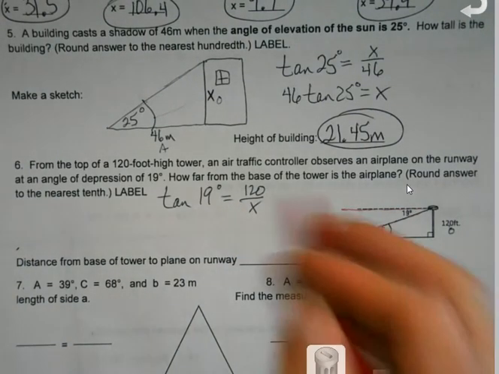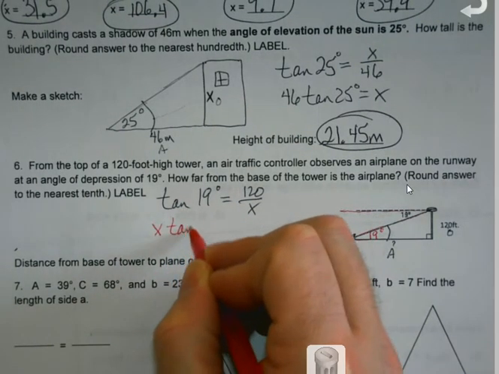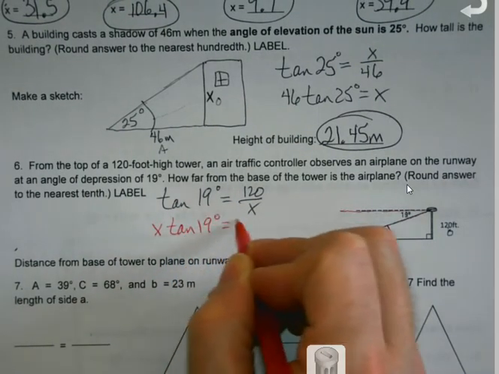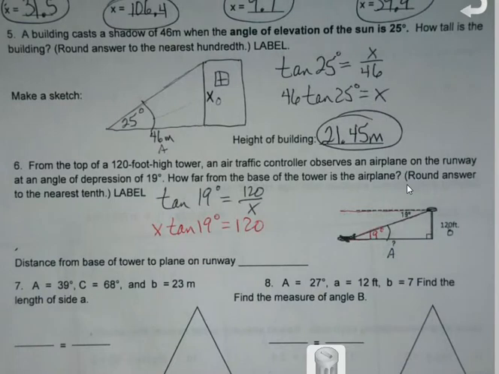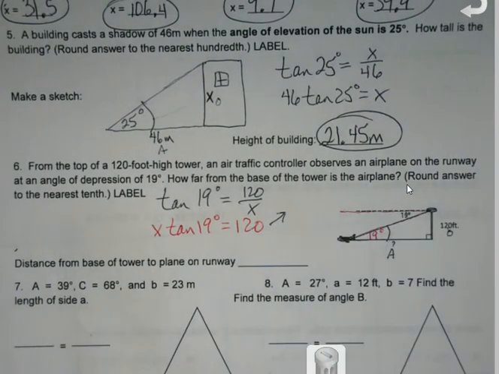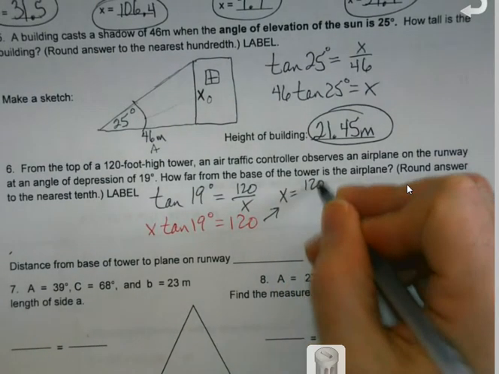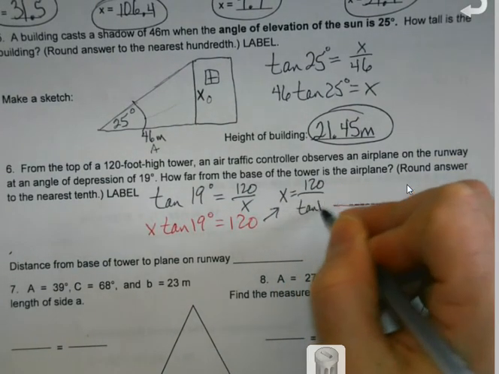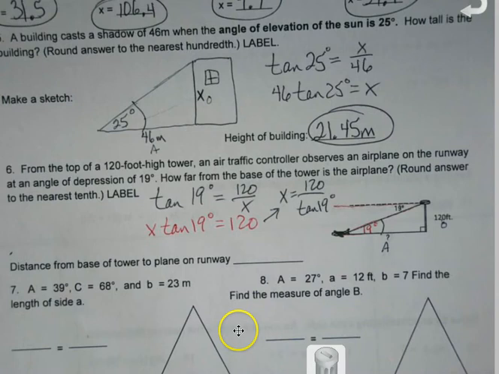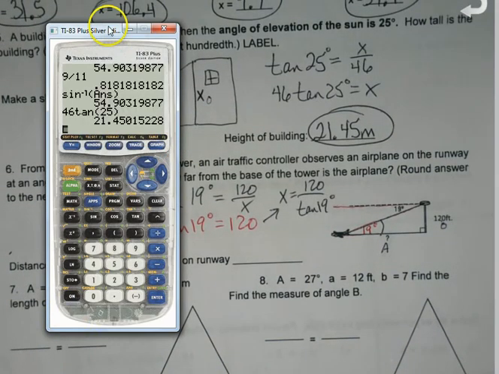Now here's that situation again. I'm going to multiply both sides by x. That'll get rid of the fraction. And then I'm going to divide both sides by the tangent of 19. And that is what we're going to type into the calculator.